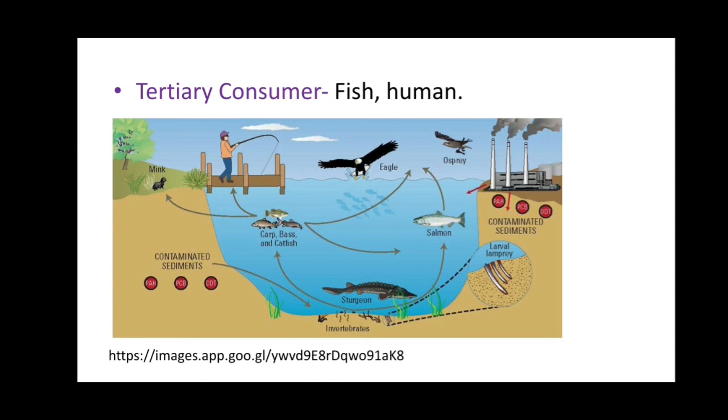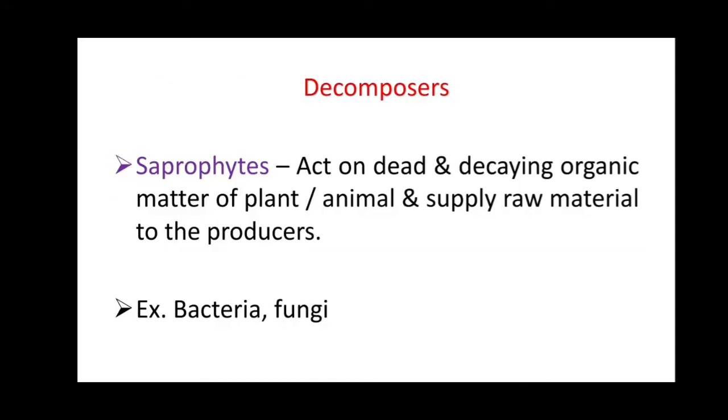So these fishes, the salmon, are eaten by the eagle, the water birds, and again by humans. Here in the water there are small invertebrates. Again, the plants are there. On that, phytoplanktons feed on the producers, the herbivores feed on the producers, and carnivorous organisms feed on the herbivores. You can see this clearly in this diagram.